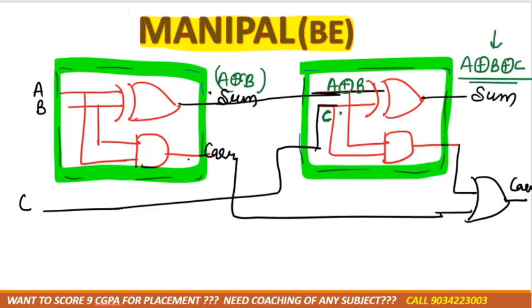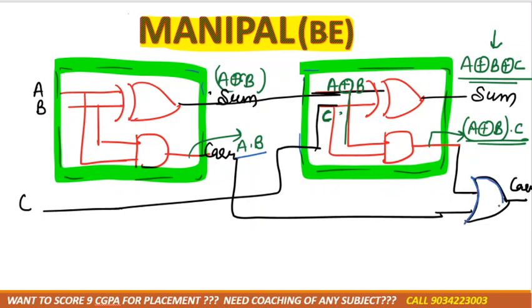Now we'll see the carry. The output of this one is A dot B, right? And for this one, one of the inputs is A XOR B and the other input is C, so we need to multiply them. We get this expression, and another expression A dot B, correct?